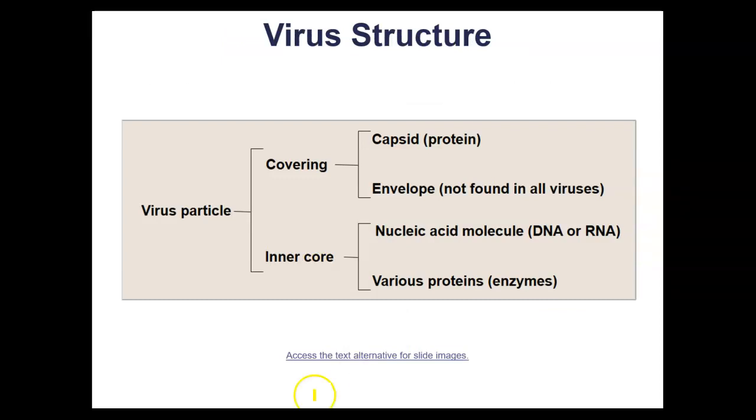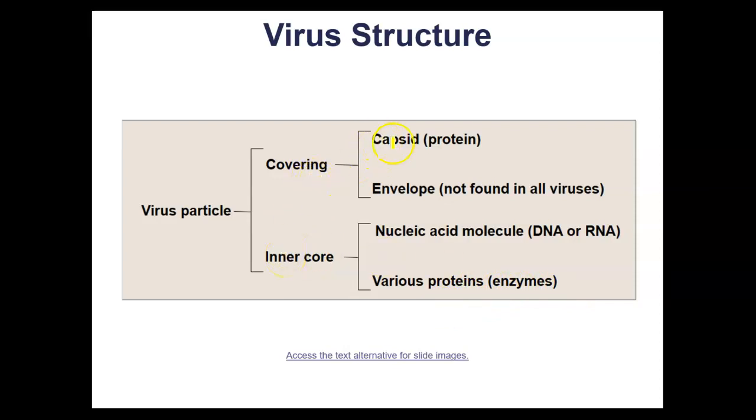So every virus has an inner core that consists of nucleic acids and various proteins or enzymes. Enzymes are proteins, and these enzymes are necessary for replicating the nucleic acid and for producing proteins. So sometimes the virus has its own enzymes, and those are all found in the inner core of the virus.